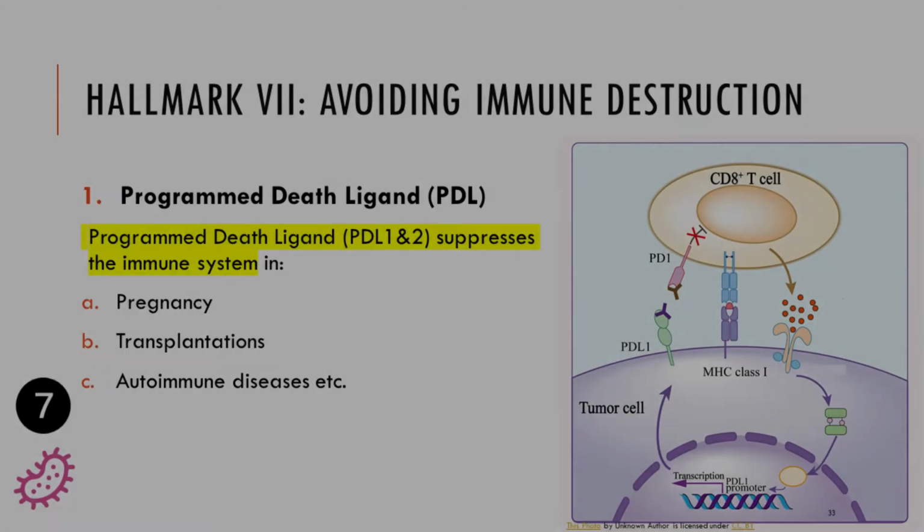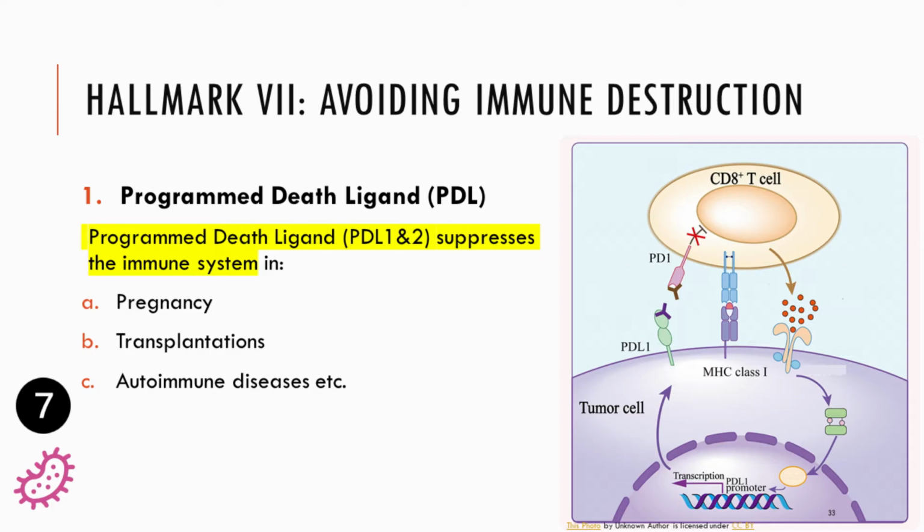Now, if we talk about ligands, cancer cells express a specific ligand called programmed death ligand, or PDL. There are different types of PDLs, but cancer cells exhibit PDL1 on their surface.